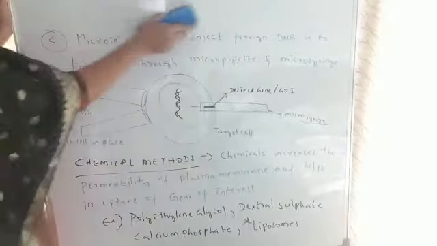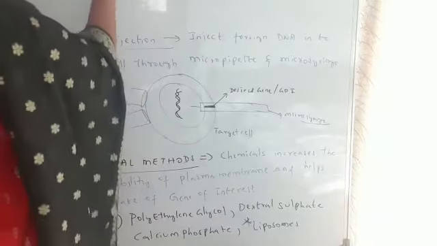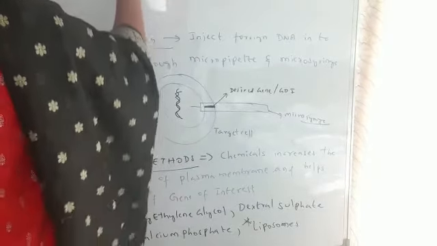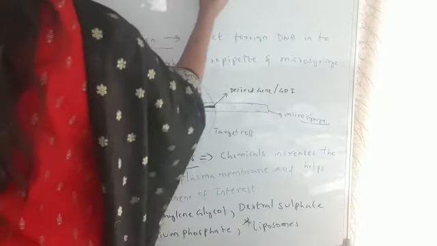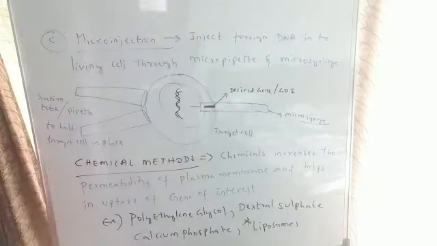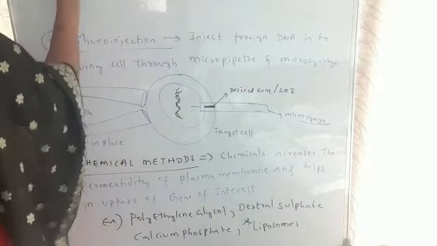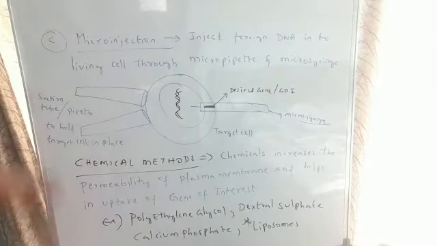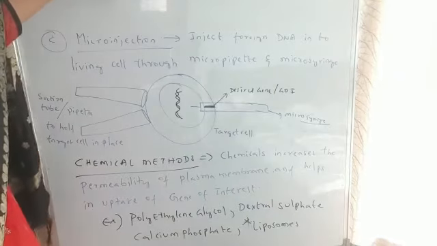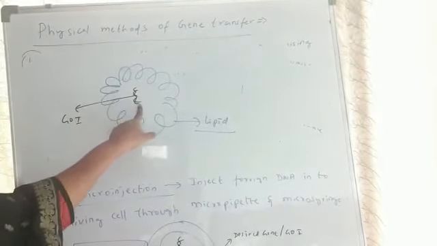They have a spherical structure made up of lipid molecules, and inside you can see the gene of interest. This particular structure is known as a liposome.